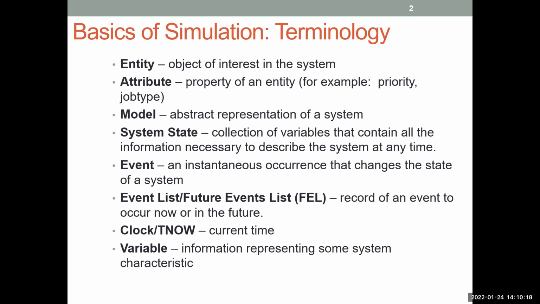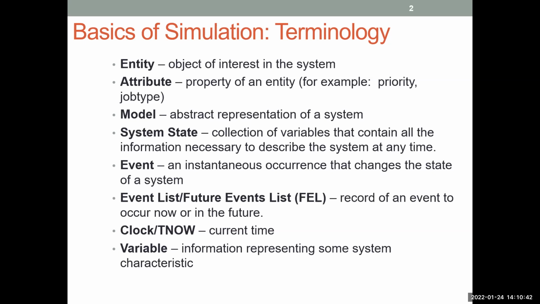So an entity basically is an object of interest in the system. This is what typically you will see moving throughout the system. If you think about an airport, things that are moving throughout the airport are going to be the passengers and the luggage, right? So those could be entities. If you think about a hospital, that could be a patient.